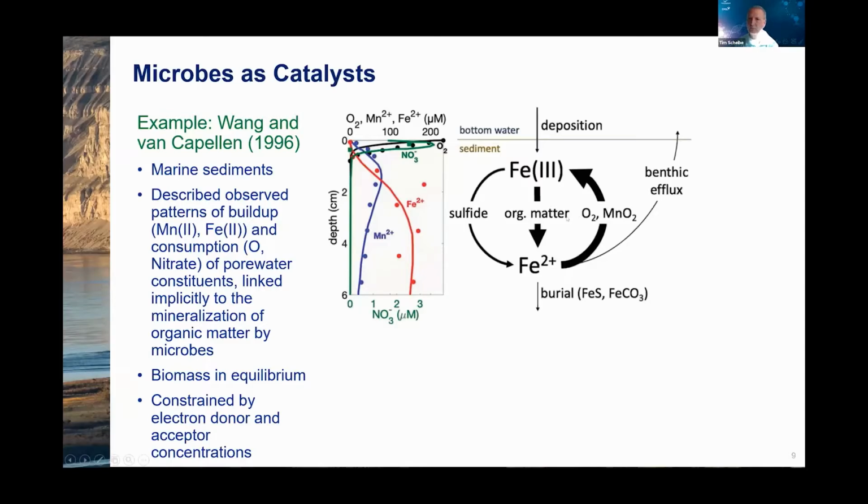They represented the equations, or the reactions, that the microbes could catalyze in the model. But that assumes then that the biomass itself is in some sort of quasi-equilibrium. So there's no real growth or change in the volume of biomass in the system, and the system is then constrained by the concentrations of the electron donor and acceptor themselves, and not by the composition or amount of biomass.